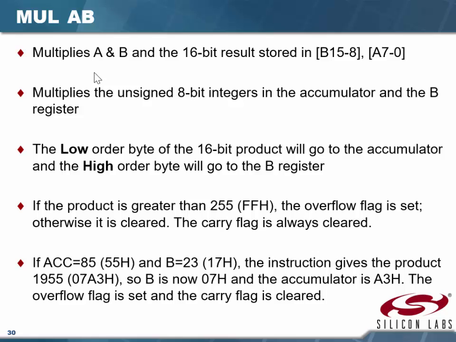So when we multiply the two numbers, we're going to get the result here. This gives an example of 55 times 23. It's going to give us the answer as 07A3.